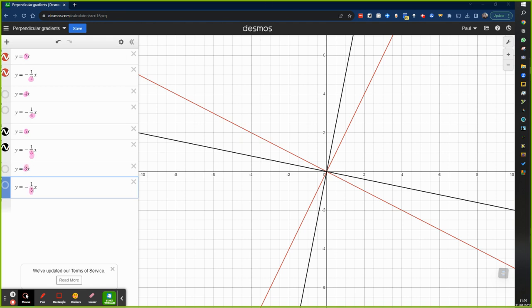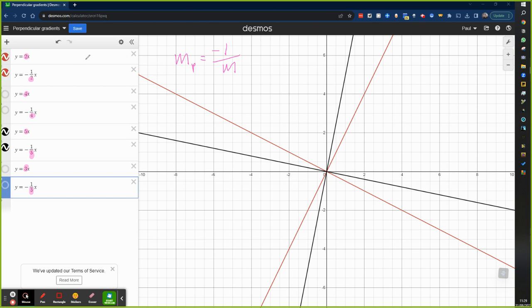So the gradient of the line that has a negative gradient is always -1 over the gradient of the first line. So the way that you can think about that is that the gradient of the perpendicular line is -1 divided by the gradient of the first line.